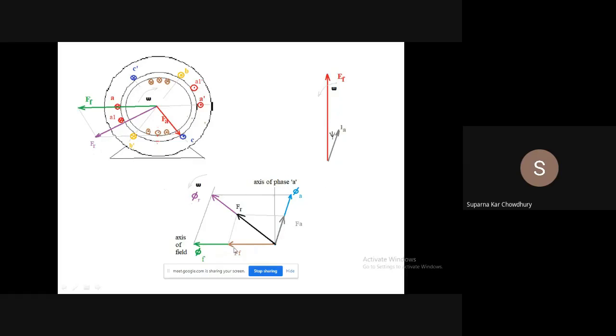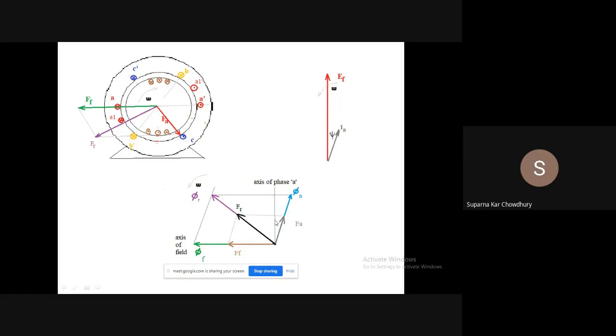These phasors are basically space phasors. That is, the angle between Ff and Fa is the space angle, the mechanical angle between these two. All these relations here are space phasors, but these are time phasors.